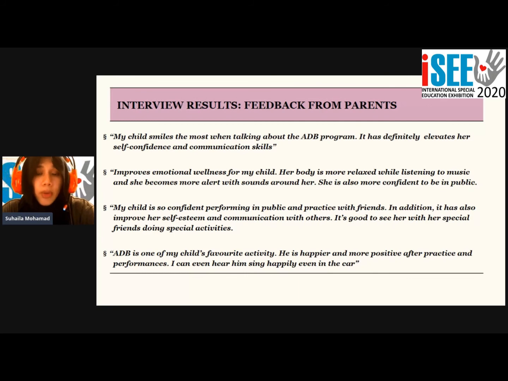Her body is more relaxed while listening to music and she becomes more alert to sounds around her. She is also confident to be in public. My child is so confident performing in public and practicing with friends. In addition, it has also improved her self-esteem and communication with others. It's good to see her with her special friends doing special activities.